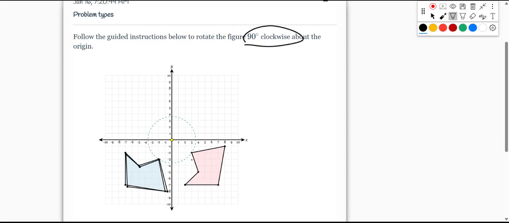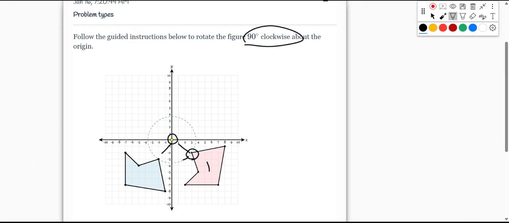They're using this point as a reference, and this point is the center of rotation, what we're rotating around. Every point in the original image, or the pre-image, has to be equidistant from the center of rotation. So that's why they've drawn a circle here, because all points on a circle are equidistant to the center.